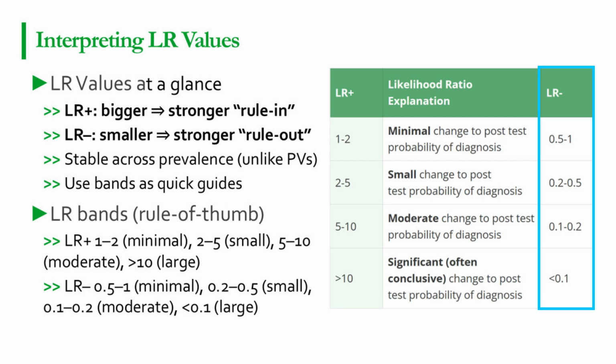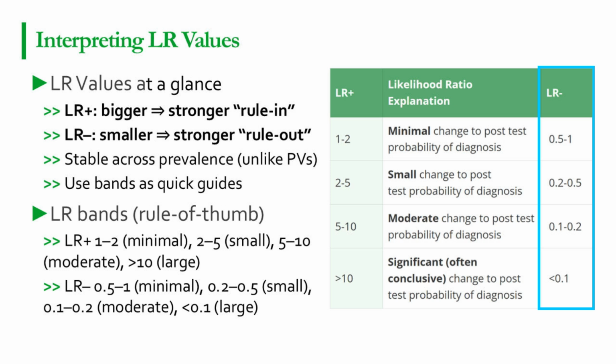When the goal is to confirm an animal is disease-free, the negative likelihood ratio bands become the primary focus. A negative likelihood ratio of 0.5 to 1 provides only a minimal change, which is insufficient to safely introduce a new bull into a clean herd.